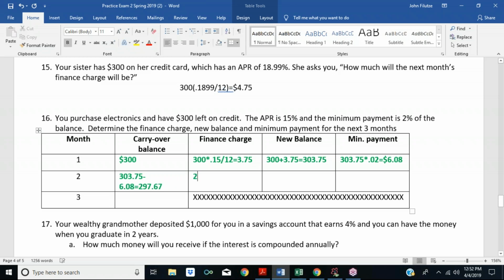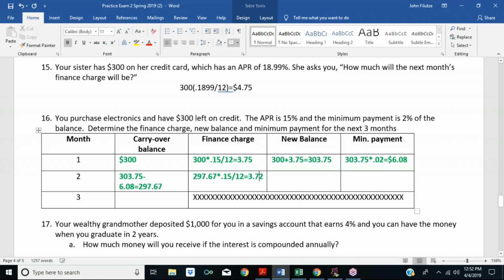So we do 297.67 times 0.15 divided by 12, and that's 3.72, and then we're going to have that balance plus the 3.72.